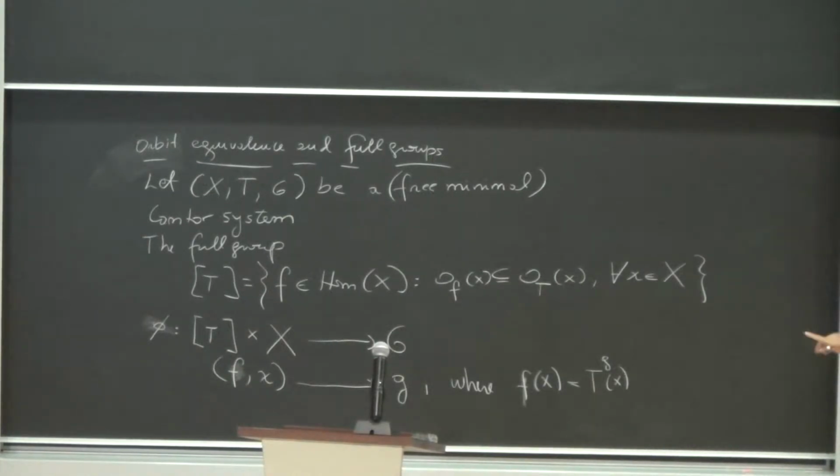And the topological full group is the subgroup of the elements of the full group where the restriction of this function, when we fix the first coordinate with F, is continuous.